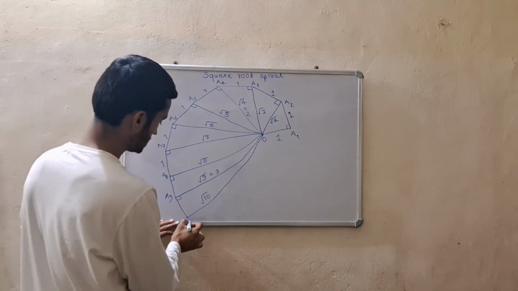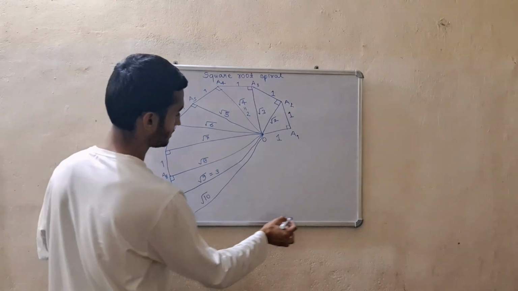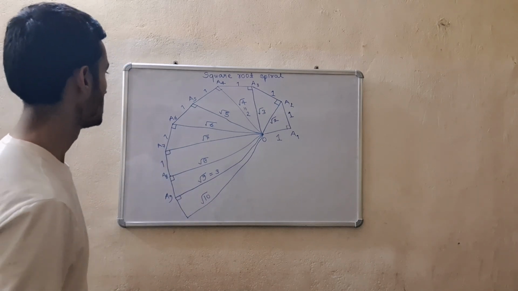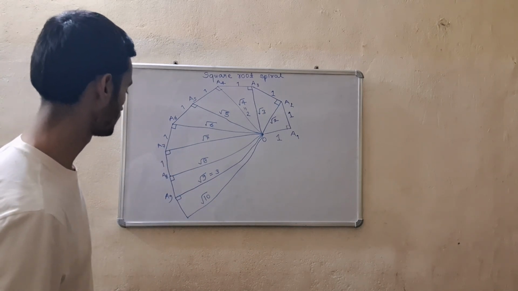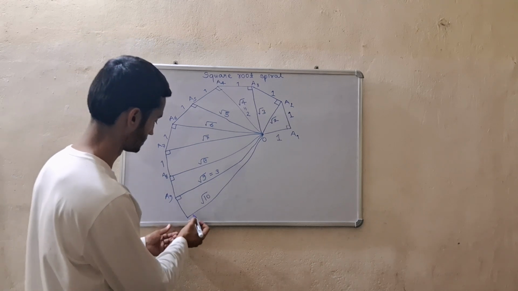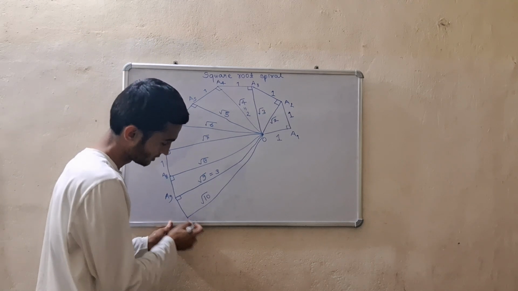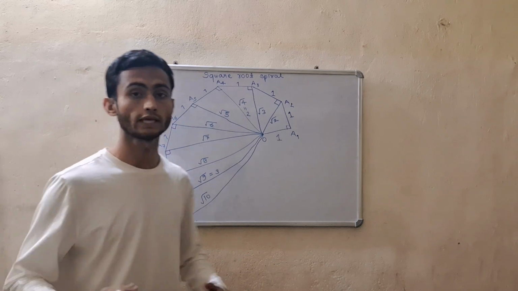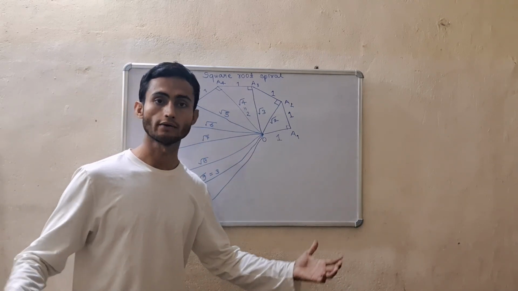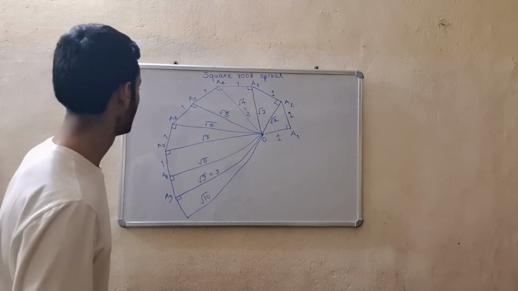Continuing in the same manner, we will get a better spiral, since I'm running out of space here, but you can draw further. You'll have to take a large sheet of paper to get this beautiful spiral on it.